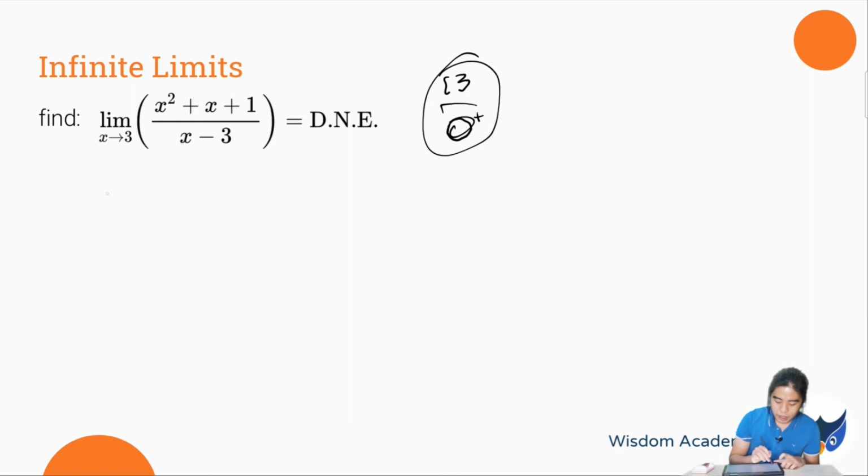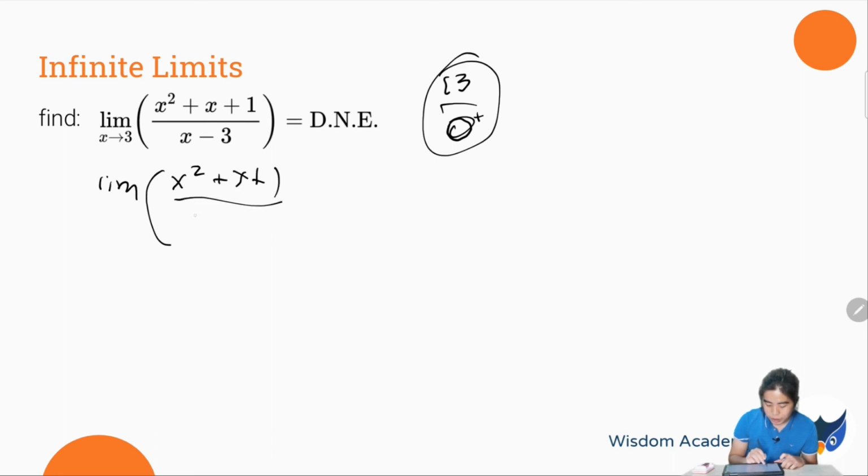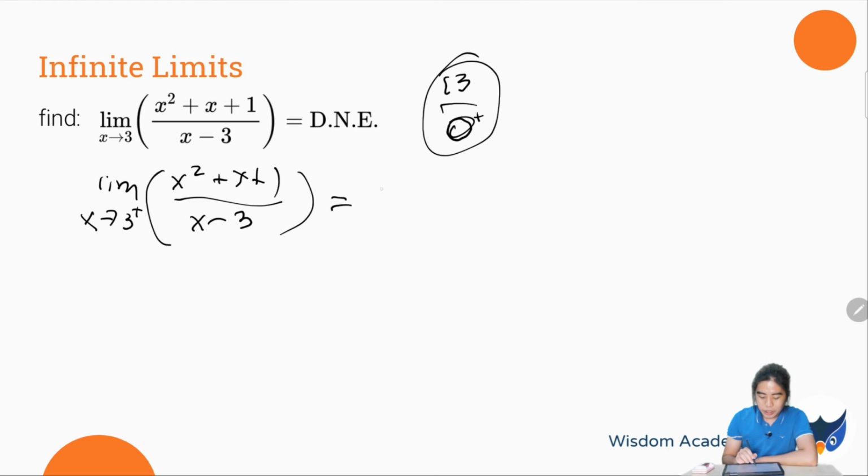So, solving that, we will get limit of x squared plus x plus 1 over x minus 3 as x approaches 3 from the right. Okay, so dito makikita natin na since 3 plus minus 3, 0 plus, tapos 13.